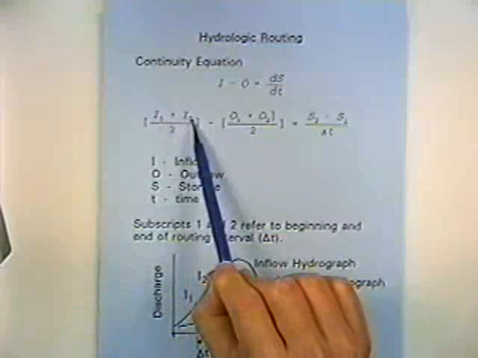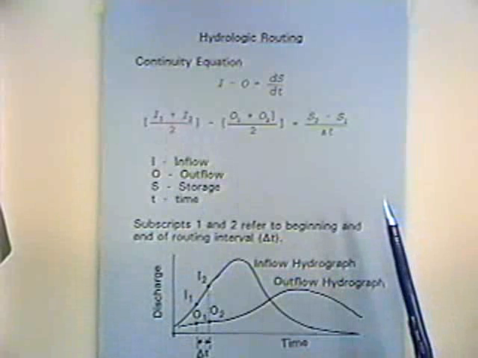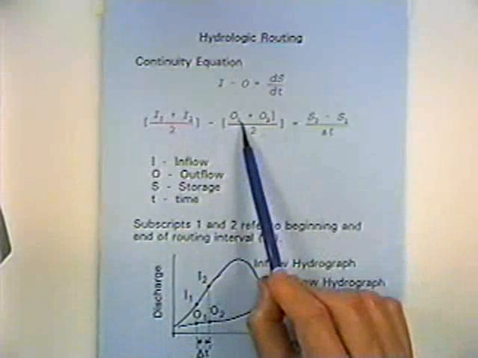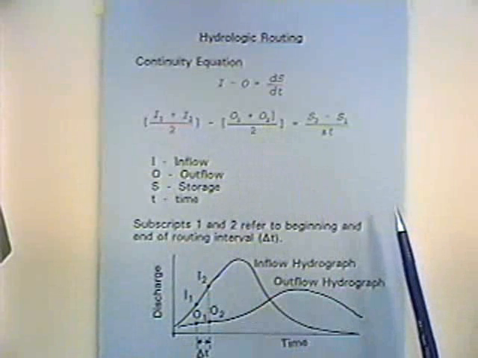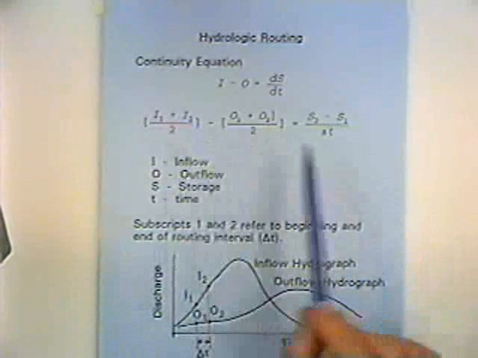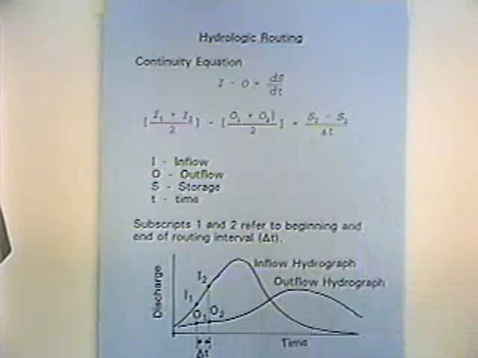Inflow at the beginning of the period plus the inflow at the end of the period divided by 2 is an average inflow during the time period. And likewise, outflow at the beginning plus outflow at the end divided by 2 is an average outflow. And the difference in the average inflow and the average outflow is the storage at the end of the time period minus storage at the beginning, divided by the time period delta t.